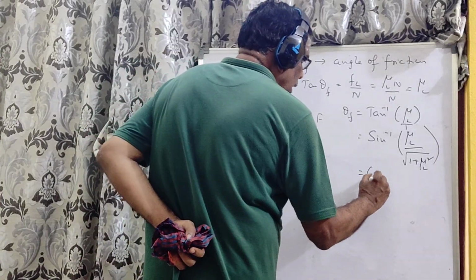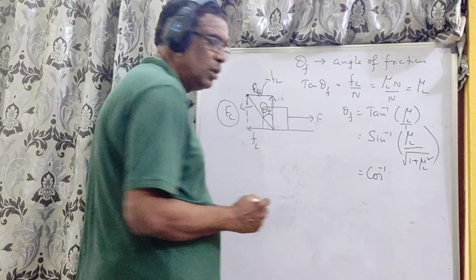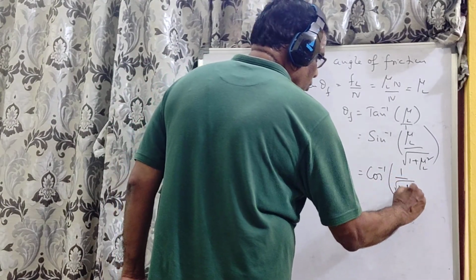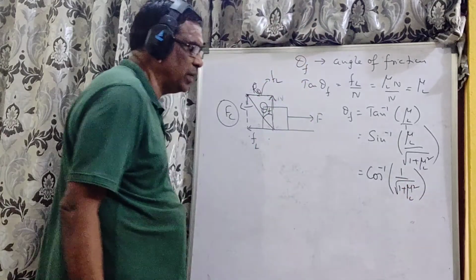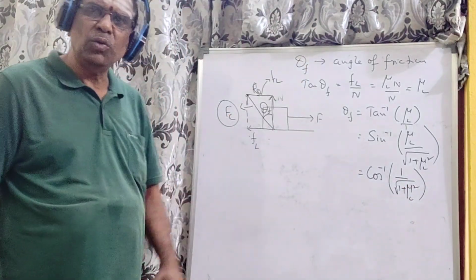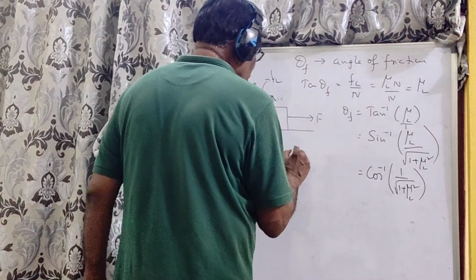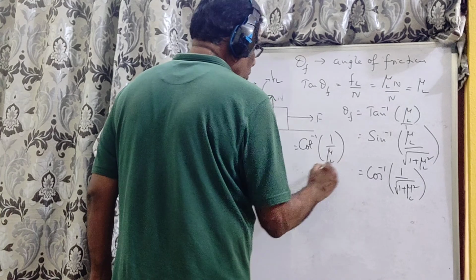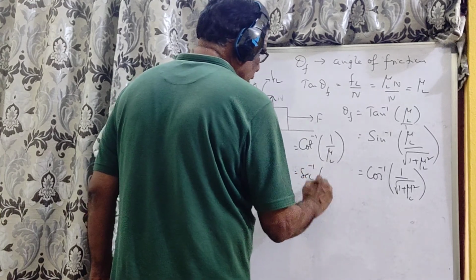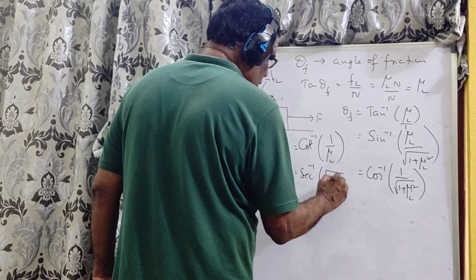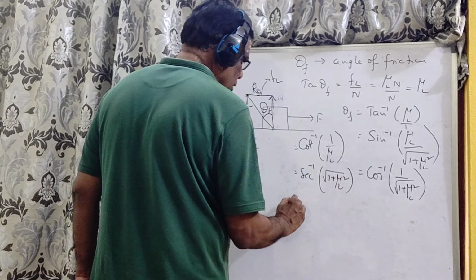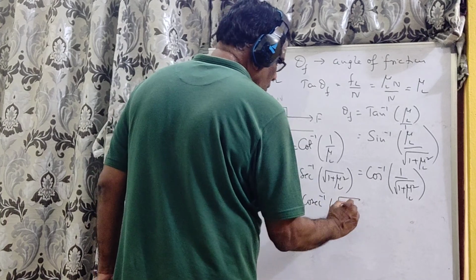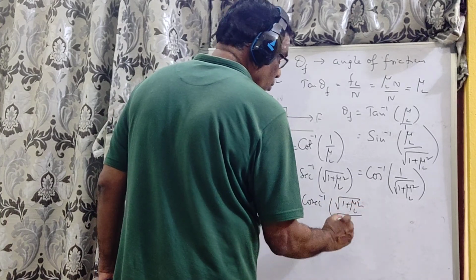You can also write this in terms of cosine inverse 1 upon root of 1 plus mu L square. In any form you want, you can write. You can write it as cot inverse 1 by mu L, secant inverse root of 1 plus mu L square, cosecant inverse root of 1 plus mu L square.